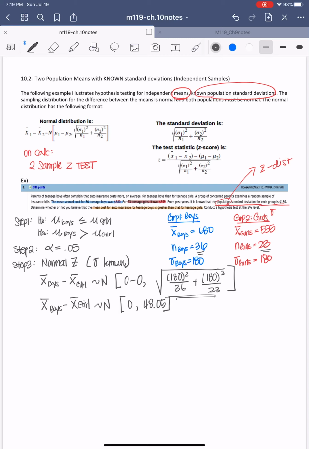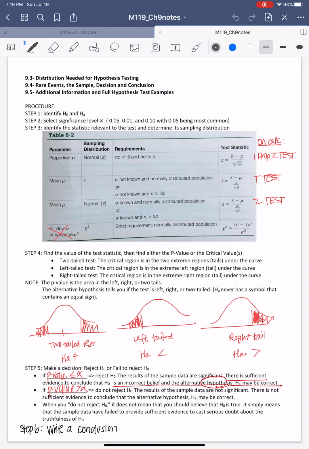Okay. Step 4, let's calculate the z-score and p-value. Again, where am I getting these steps? Here, chapter 9. We still follow the same structure of our 6-step procedure to conduct the hypothesis test. So what tail is this?